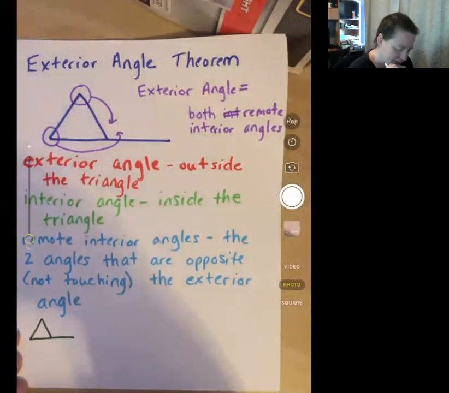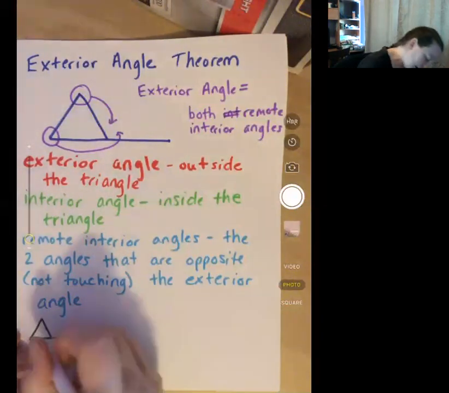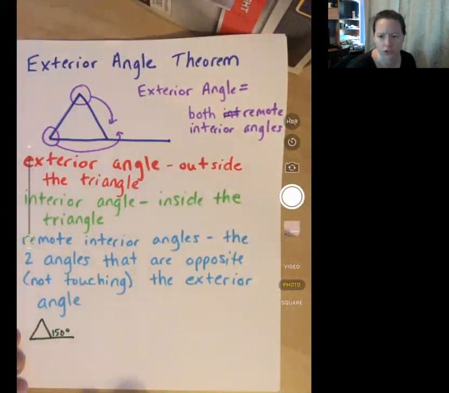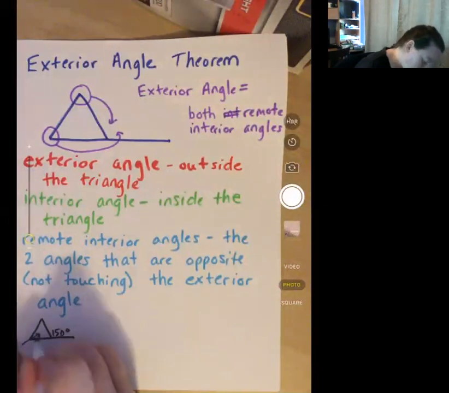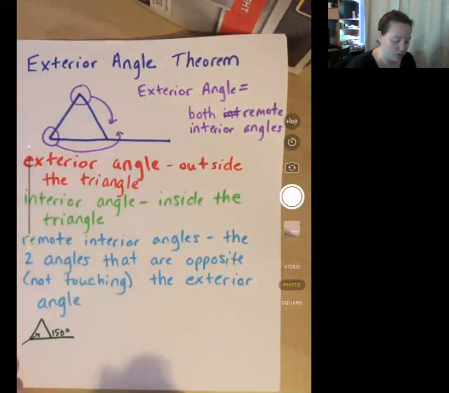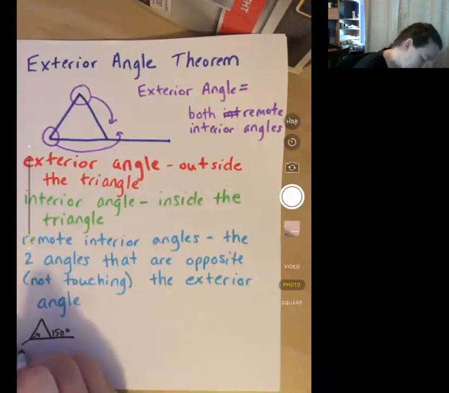Let me see. So if that one is, yeah, okay, 150 degrees. That is my exterior angle. So I know that this one is equal to, let's say, 30 degrees.